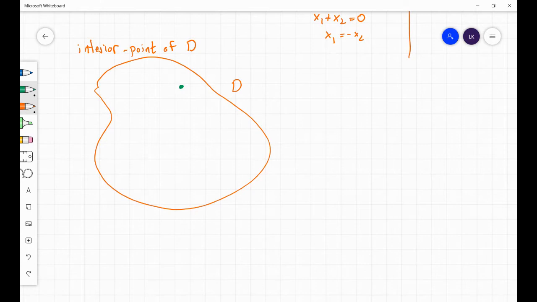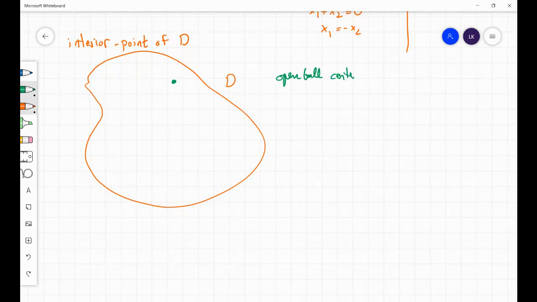Yeah, so first of all, there's the idea of an open ball, right? Centered at some point A, say, with radius R. It's the set of all points in whatever space you're in such that the distance between those points and the center is less than the radius.